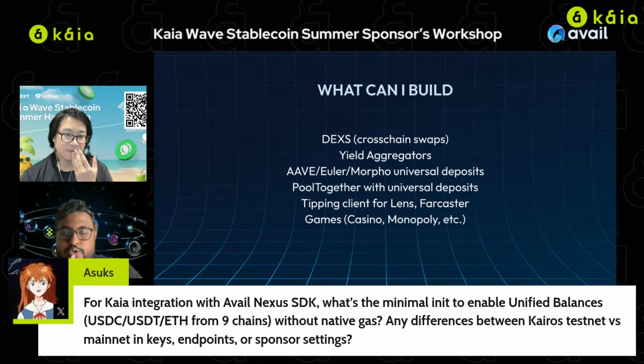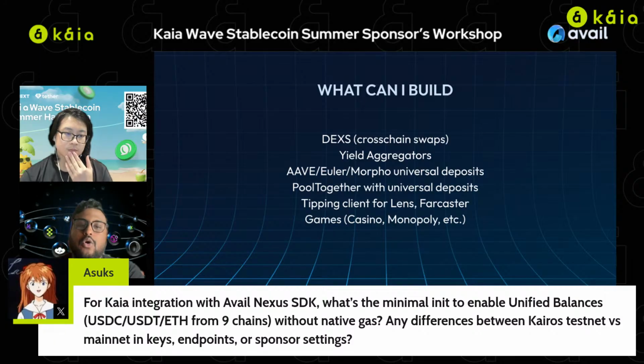I mean, there is a minimal init to enable unified balances. Unified balances, it does not matter. There is no minimal amount that you need to have. If you've got zero tokens, it shows you've got zero tokens. If you have tokens, it'll show you have that. In terms of Kaia itself, I think we support USDT on Kaia, but not USDC and ETH, if I'm not wrong.